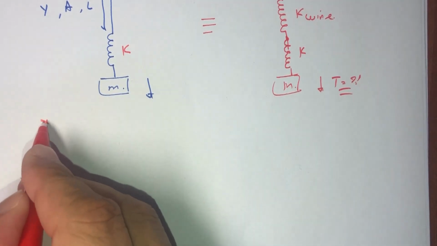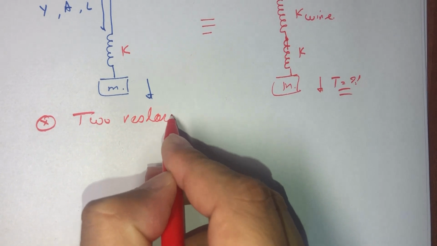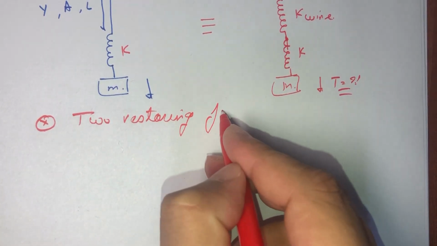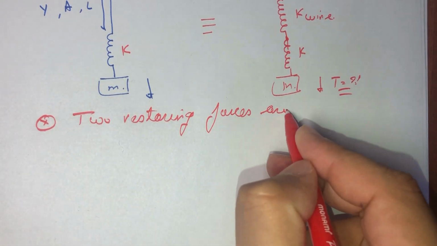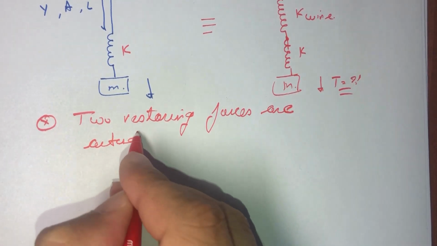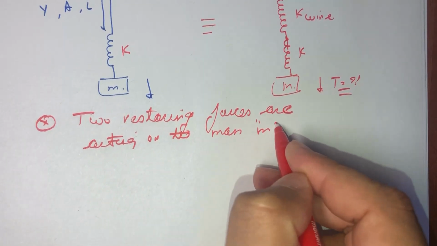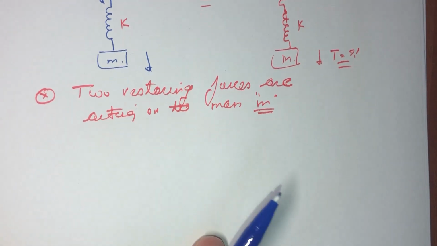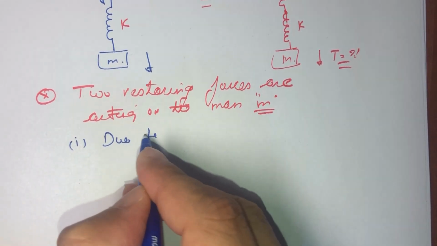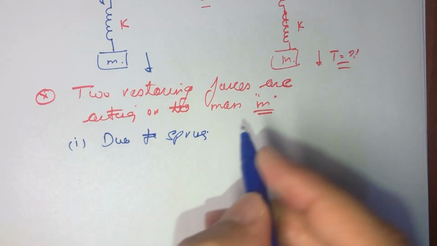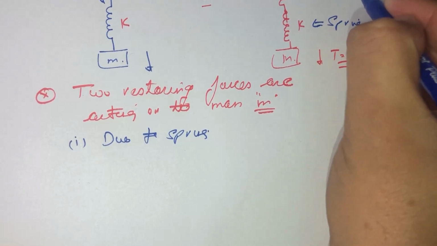Therefore we can write that two restoring forces are acting on the mass M. First is due to the spring, so this is our spring and this is our wire.